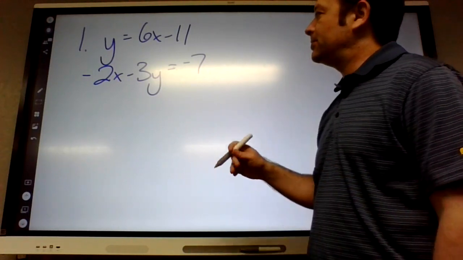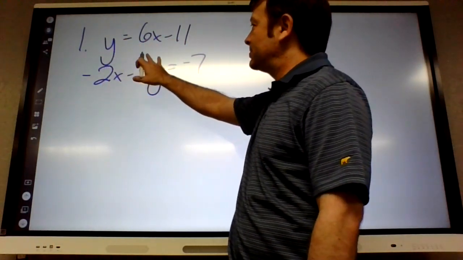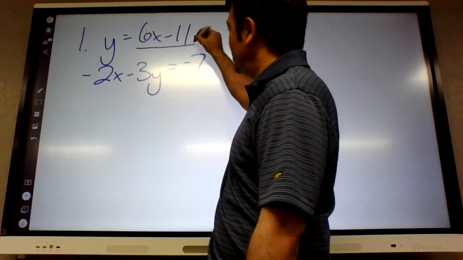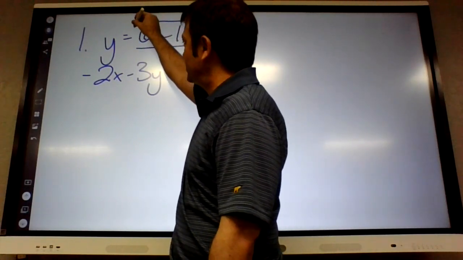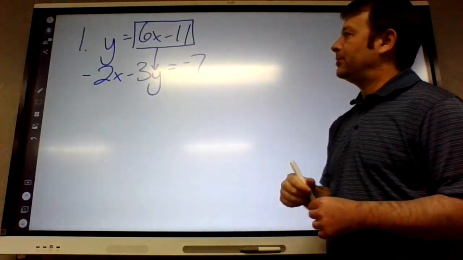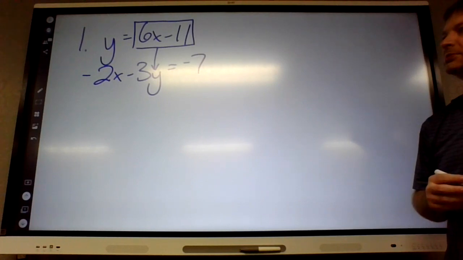Okay, substitute. So you cannot solve this equation or this equation because there's two variables. But since y is equal to 6x minus 11, I can replace y in the other equation with 6x minus 11.